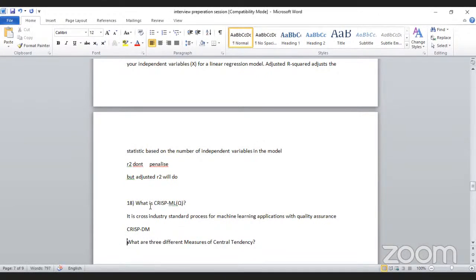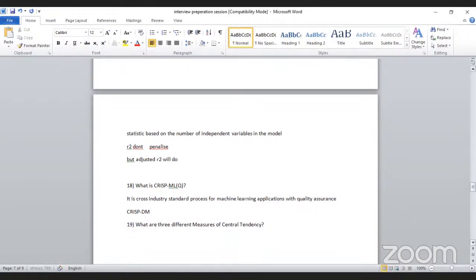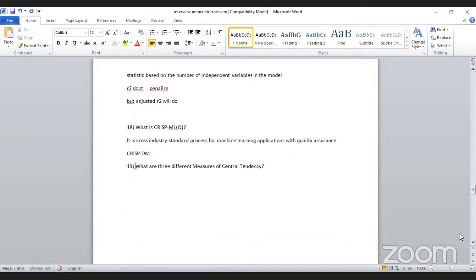They are nothing but mean, median, mode. Right?